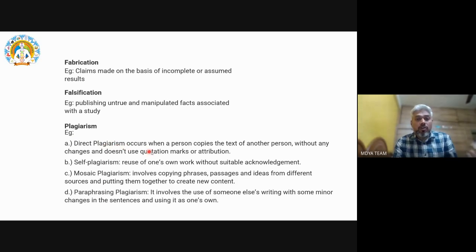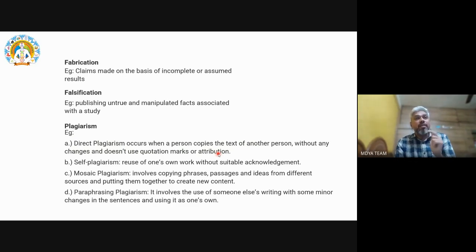Direct plagiarism occurs when a person copies. This is one of the types, direct plagiarism. What is direct plagiarism? It occurs when a person copies the text of another person, right, without any changes, and does not use quotation marks or attribution.